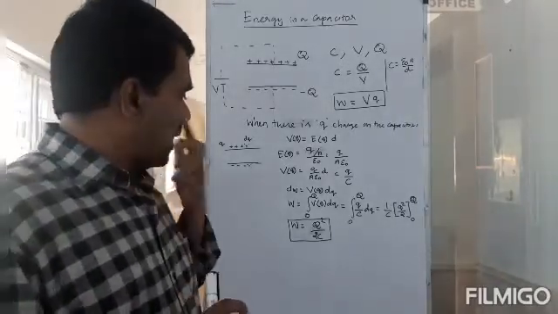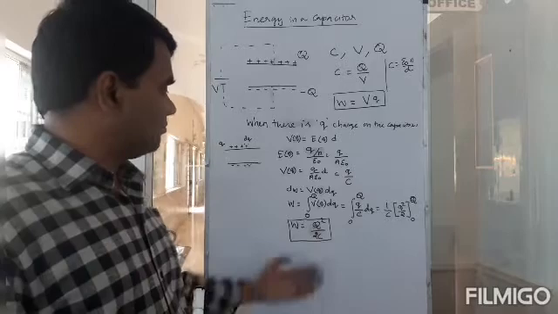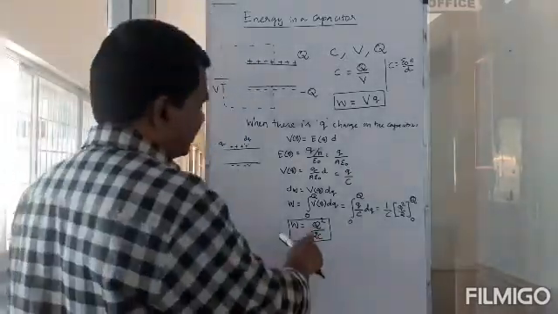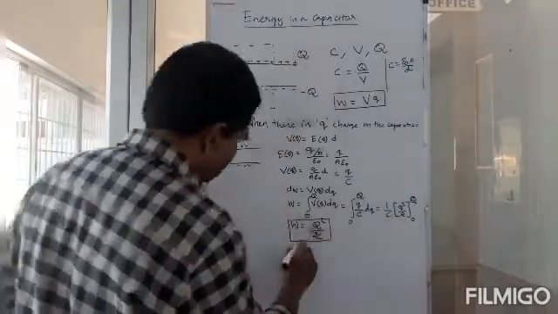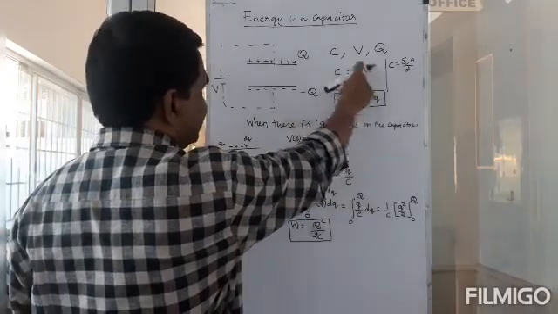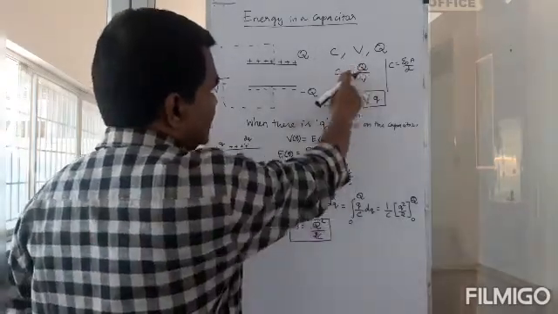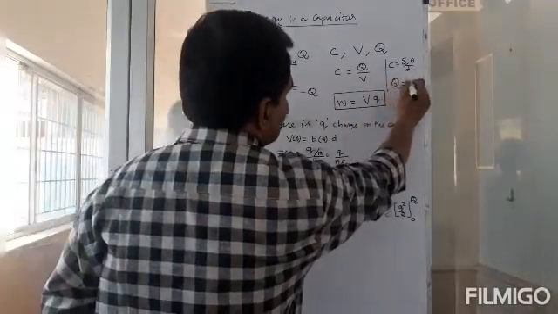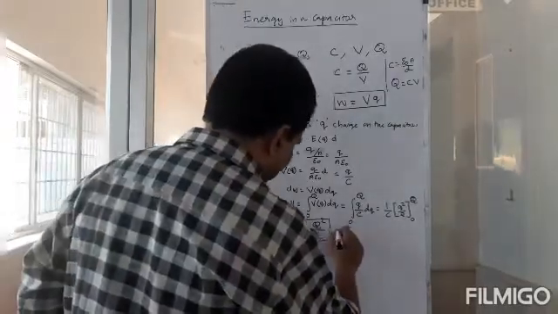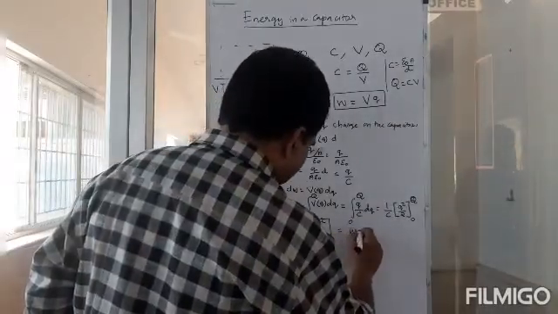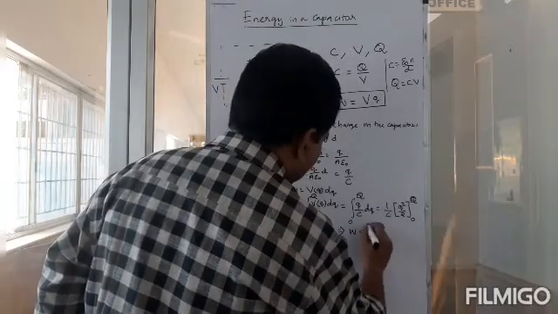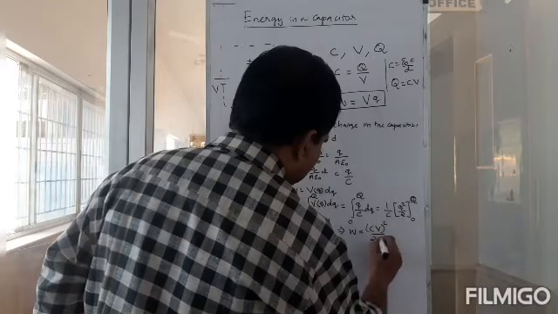Okay. I can write it in different ways here. Another way of writing it is this. Well, you see Q can be written as C into V, right? If you substitute that here, what do you get? W is equal to (CV) the whole squared by 2C.